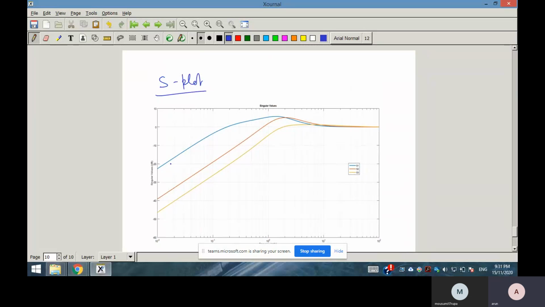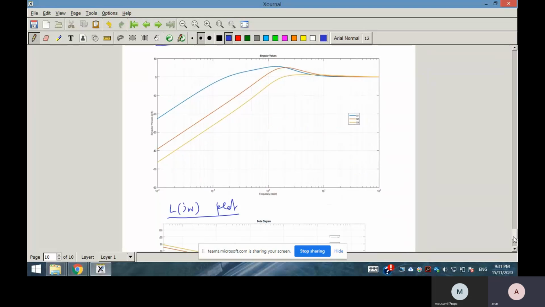You can see the overshoot peak is more, that is the S infinity value. S infinity means MS. MS is more in case of low value of Q hat, and in case of high value of Q hat, the MS is less, but in case of medium value, it is traded off.